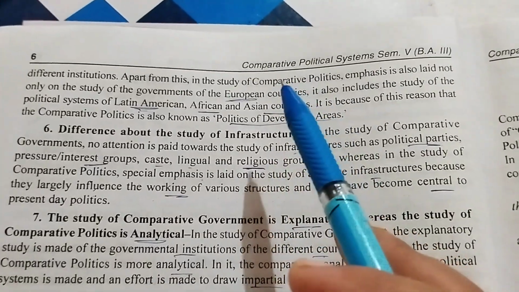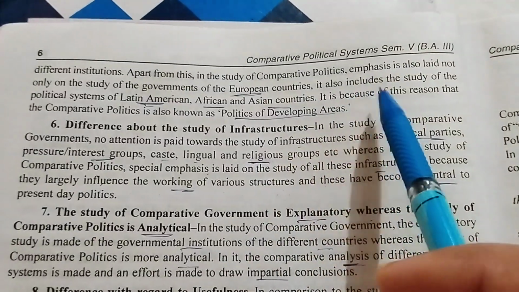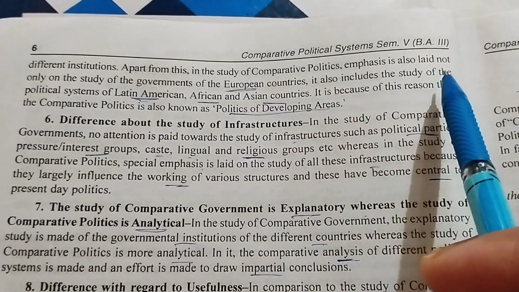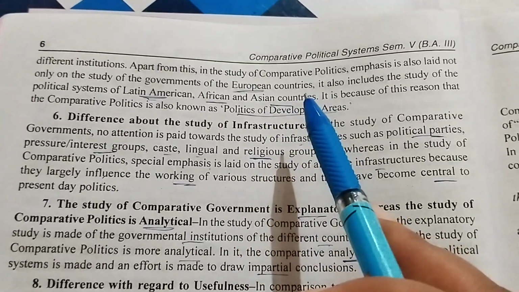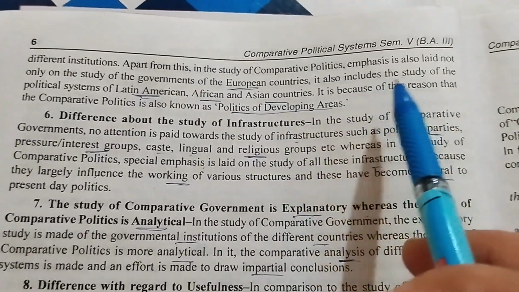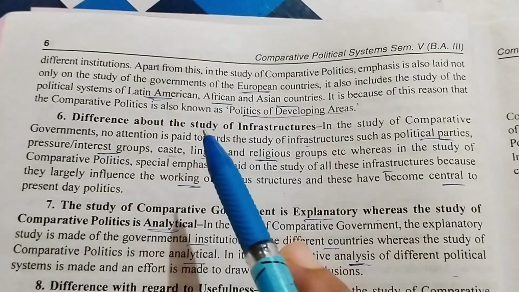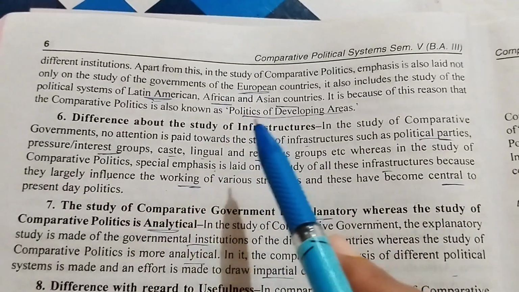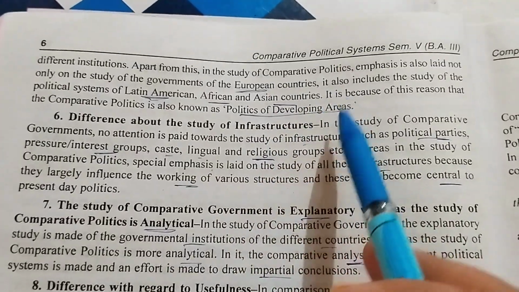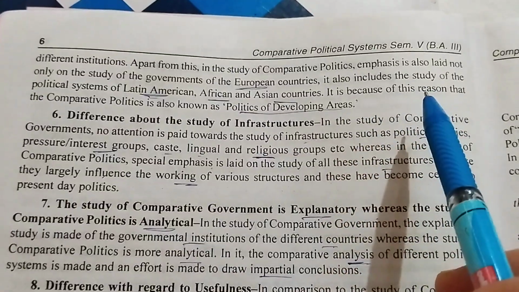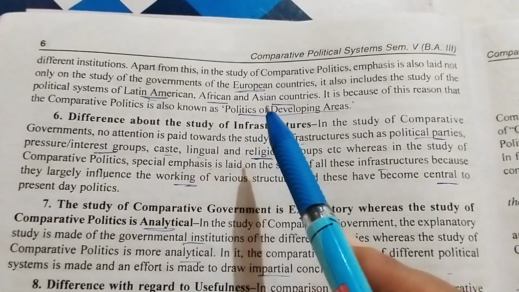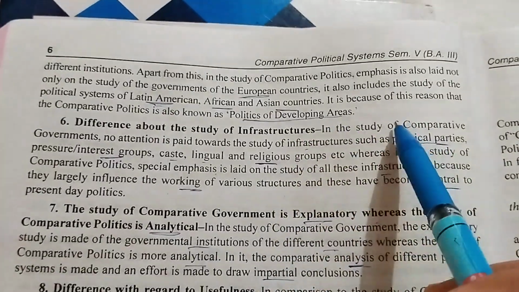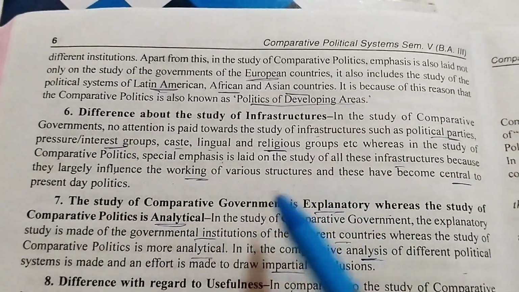It also includes the study of the political systems of Latin American, African and Asian countries, not only European ones. For this reason comparative politics is also known as the politics of developing areas.